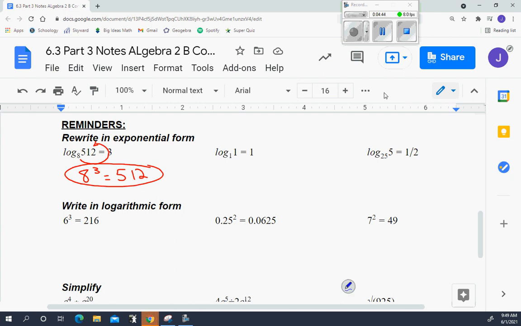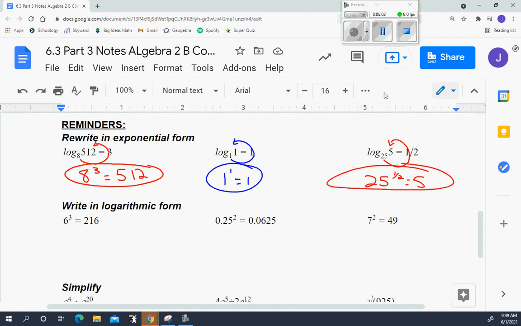Same with this one: start with the base, so 1 to the first equals 1. Last one, start with the base: 25 to the 1/2 equals 5. That's rewriting in exponential form.